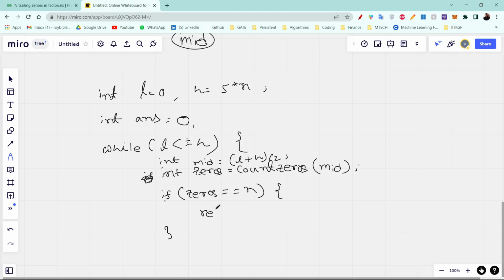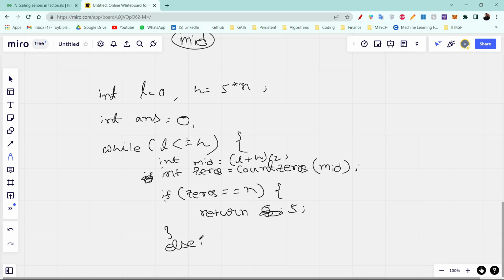Obviously 5, because our answer can be 5 or 0, nothing else. We have seen why: after 5 numbers you will always get a factor of 5, so the number of zeros is going to increase. The question is whether it will increase by 1 or by 2, but obviously it will increase. Sorry, not 0, we are returning 5 because we got a number.